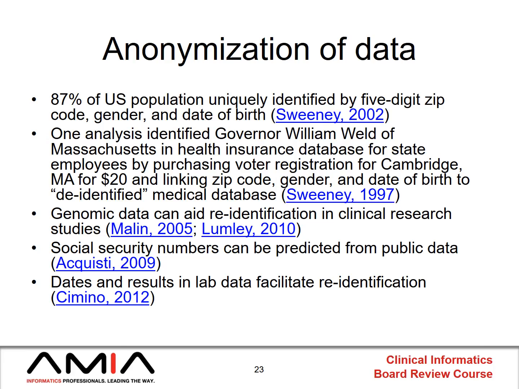There are also challenges with Social Security numbers, and they can actually be predicted from public data. And another challenge is that when patients have multiple lab results, the pattern of the lab results can actually facilitate re-identification of patients.